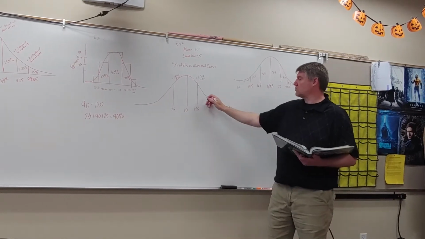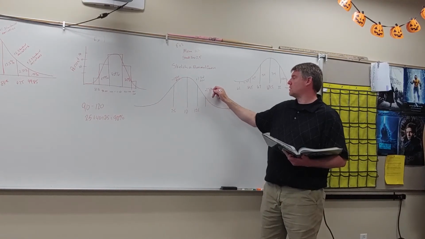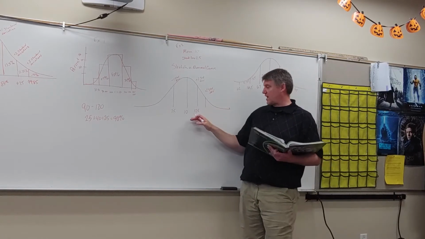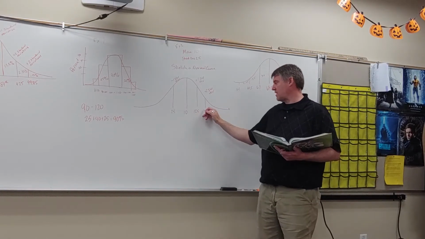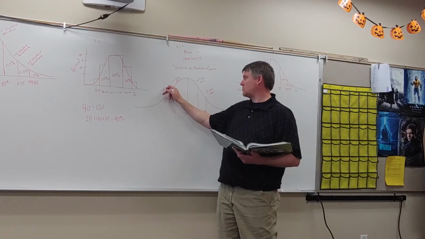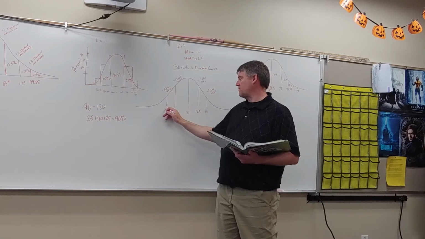Now we go two standard deviations. This is plus 2 standard deviations: I add 2.5 to 12.5 again, and this gives me 15. I subtract off, so minus 2 standard deviations gives me 5.